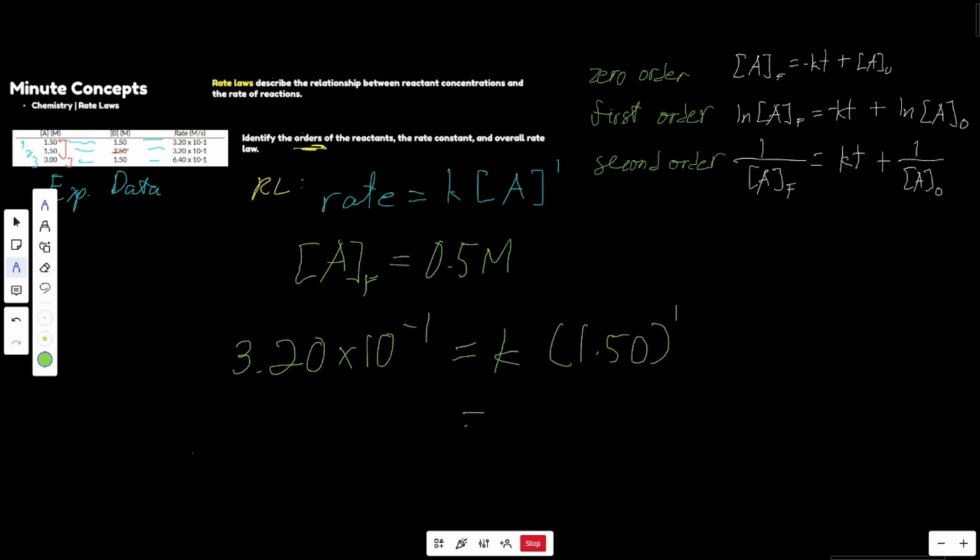So to derive K, we just need to divide 3.20 times 10 to the power of negative 1 over 1.50.